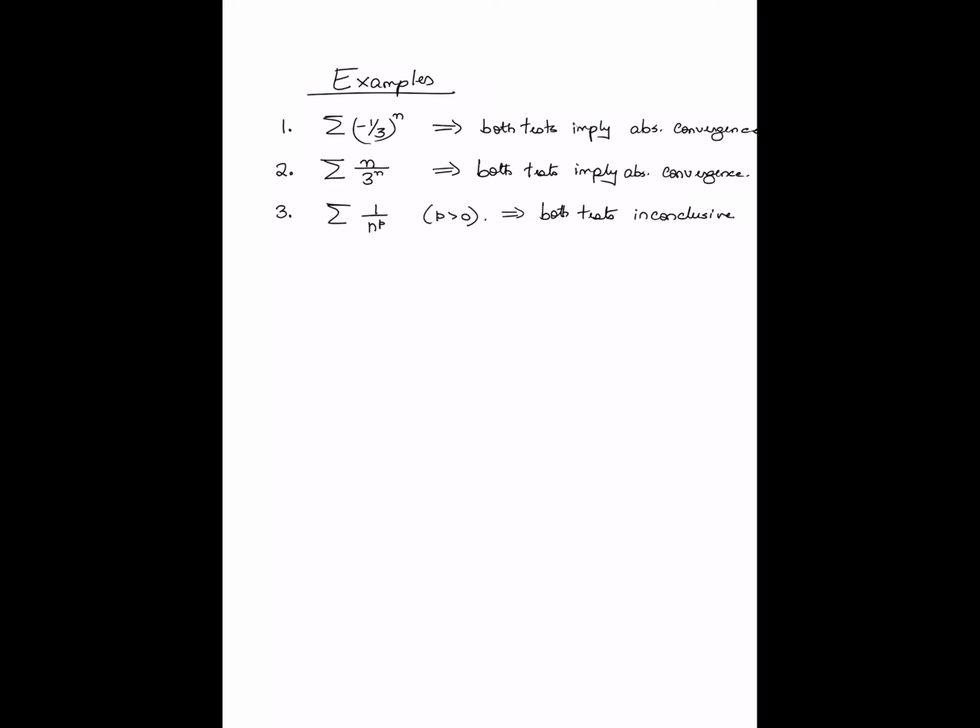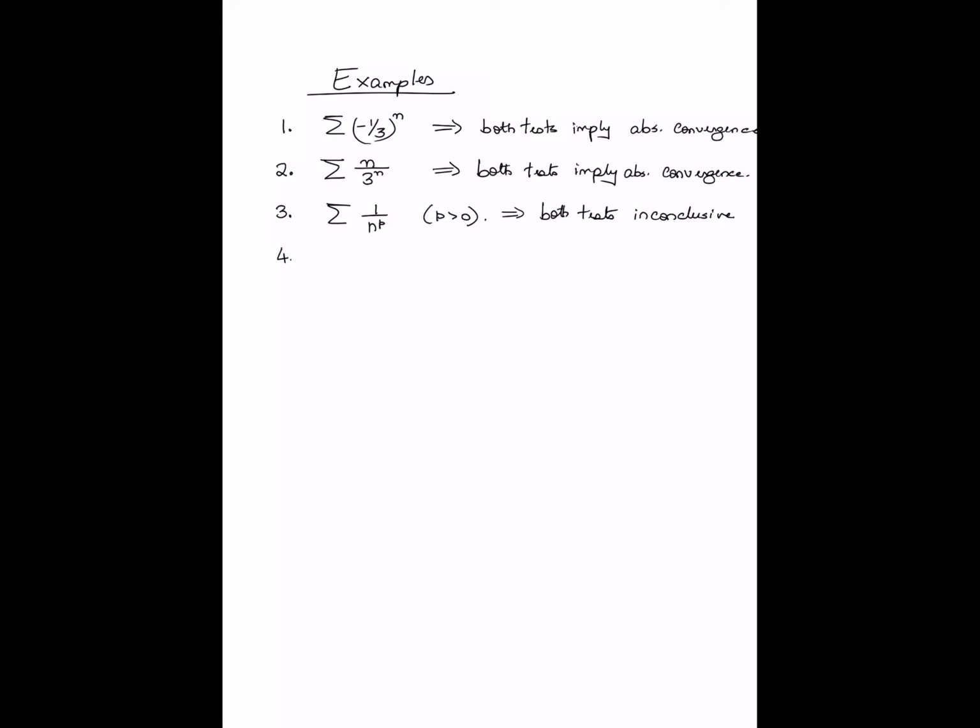And why? Because the behavior of the summands is polynomial rather than exponential, right? So neither of these tests can really catch it, but we already have the machinery. We have already seen other ways of showing under what conditions summation 1/n^p converges and under what conditions it diverges. So we know the answer, except that the ratio and the root test do not tell us the answer.